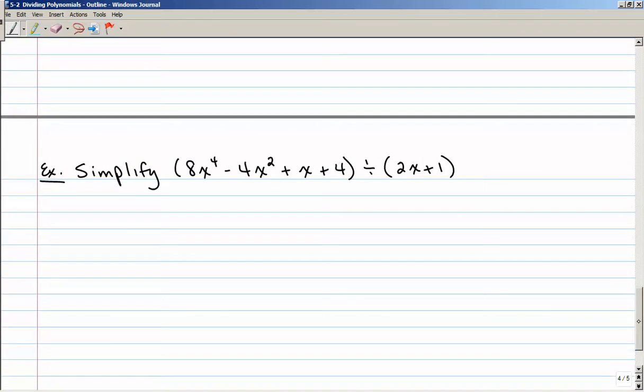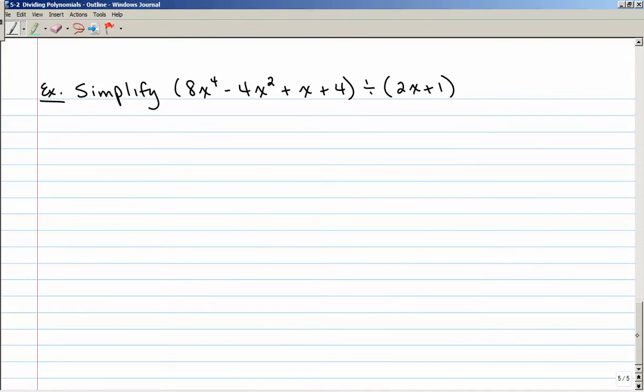And our last example here is a little more complicated because what we're dividing by is a binomial that has a coefficient in front of x, a coefficient other than 1 in front of x. So in order to do this, I need to divide everything by 2. So the coefficients of my polynomial are going to be 4, negative 2, 1/2, and 2.